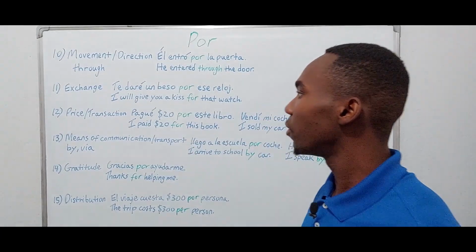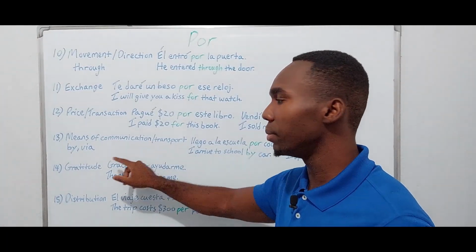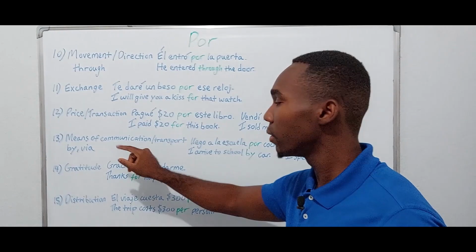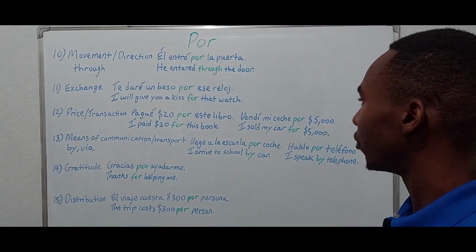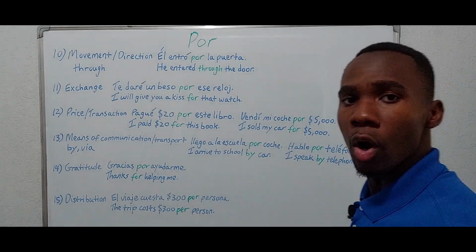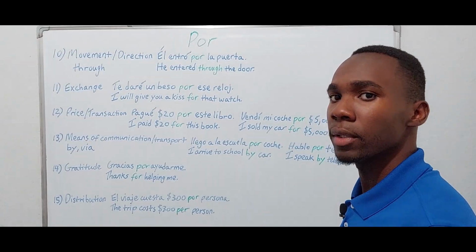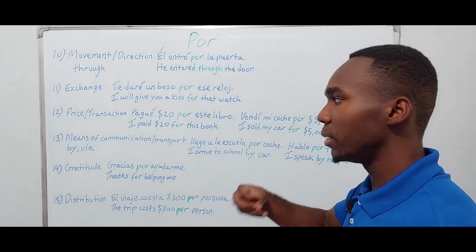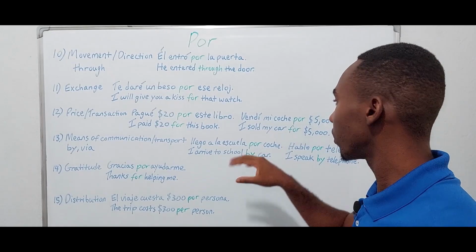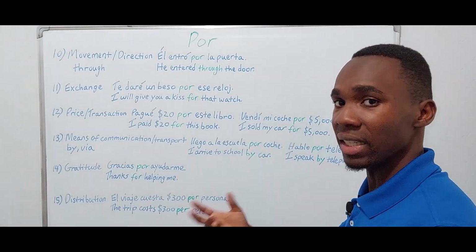13, means of communication or transport. And in this case, por would mean by or via. Llego a la escuela por coche. I arrive to school by car. How do I arrive to school? Por coche, by car. So in this case, when we're expressing the means of transport, whatever follows the por would be the vehicle or the means.